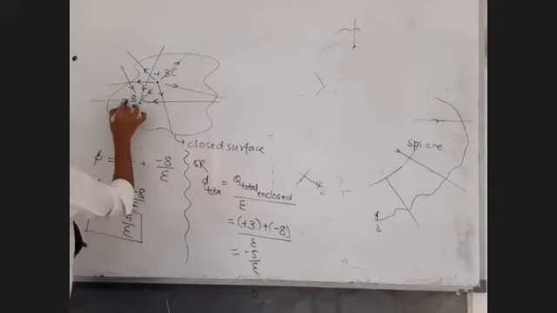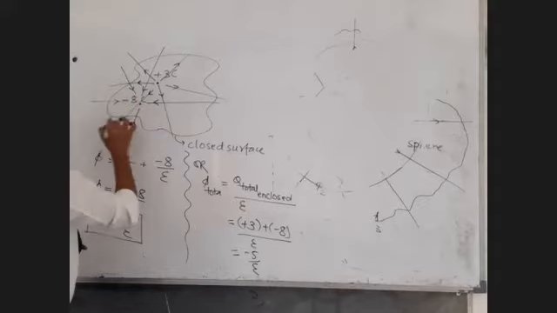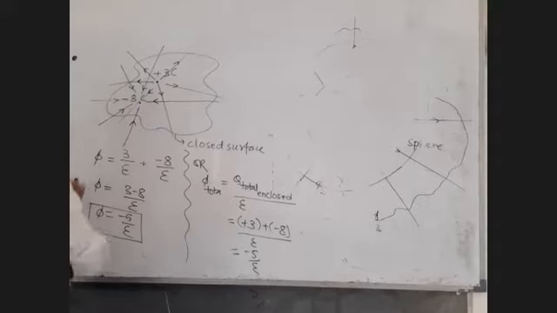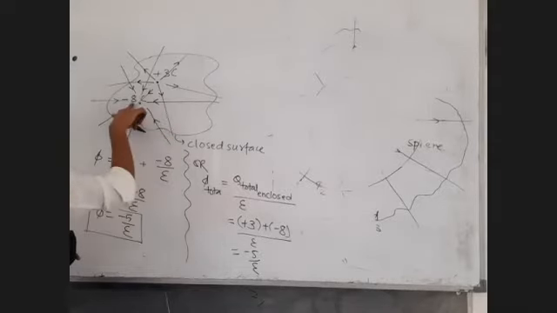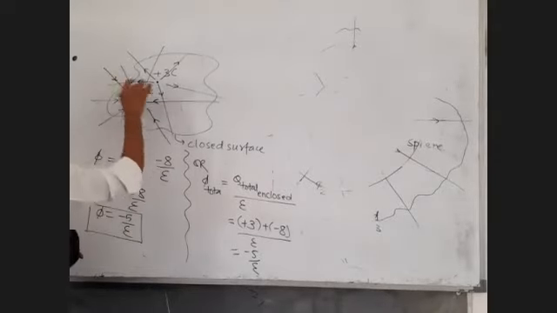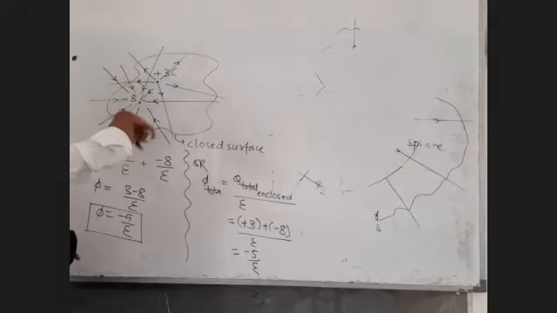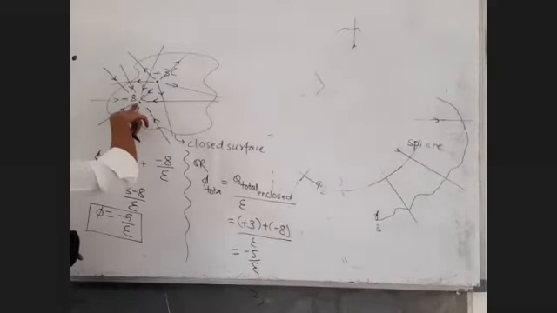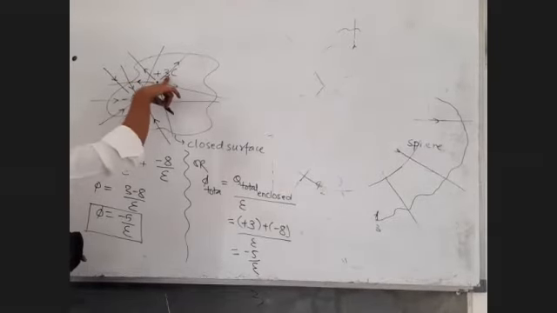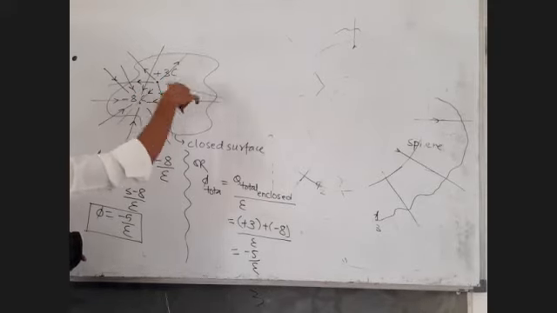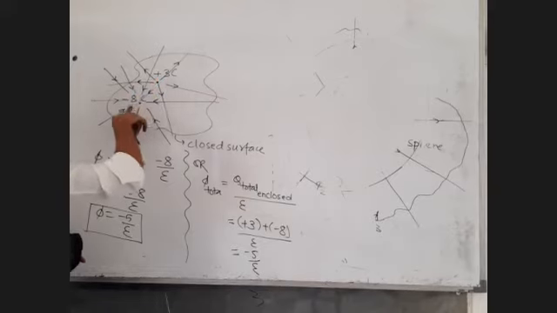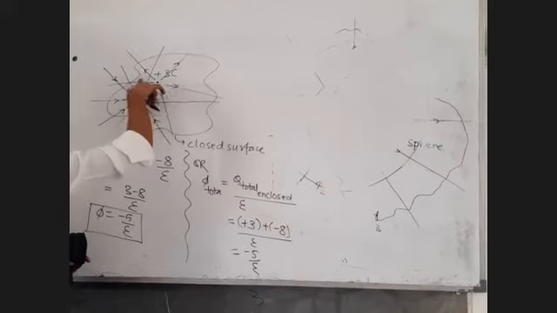And you know, the number of electric field lines is proportional to the magnitude of the charge. So the magnitude 8 is more than 3, so the number of field lines of minus 8 is more than of plus 3. So ultimately the total number of lines coming in is more than the total number of lines going out.